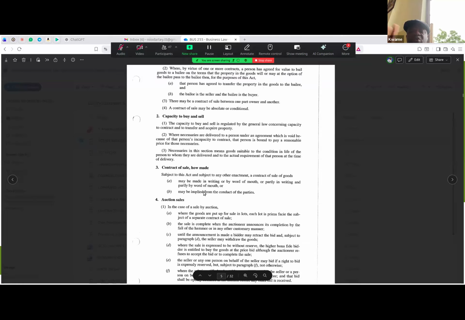But before we read that one, I want you to know that when you are paying the price, you pay a reasonable price. Let's say you are buying a Mercedes-Benz from somebody. We all know the market for Mercedes-Benz.